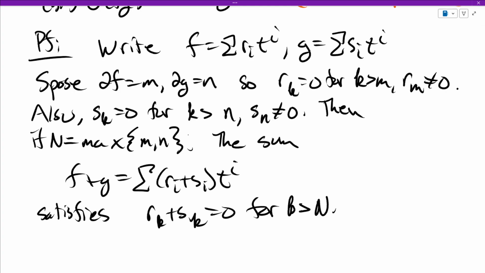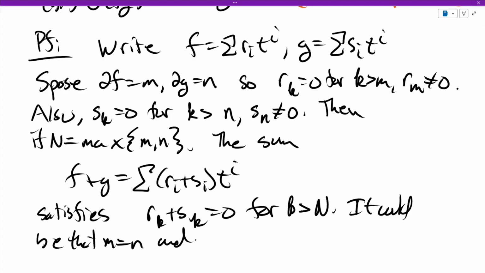However, we do not know, so it could be that m equals n and r_m equals negative s_m, in which case the degree actually goes down. For example, if g was negative f, then f plus g is just 0, right?